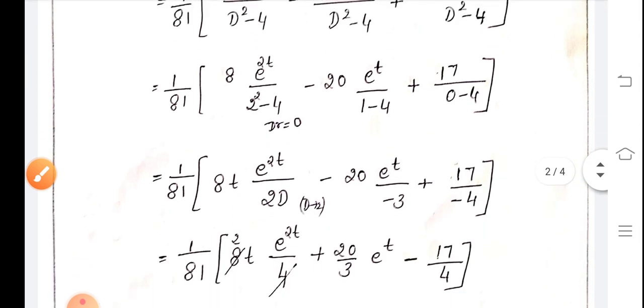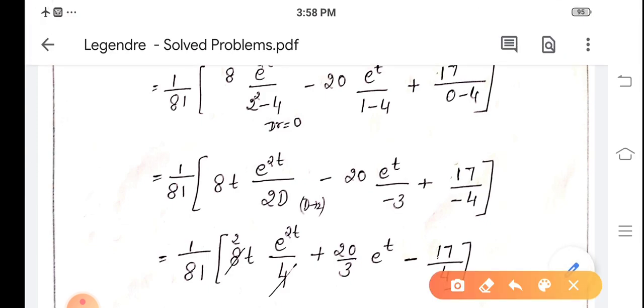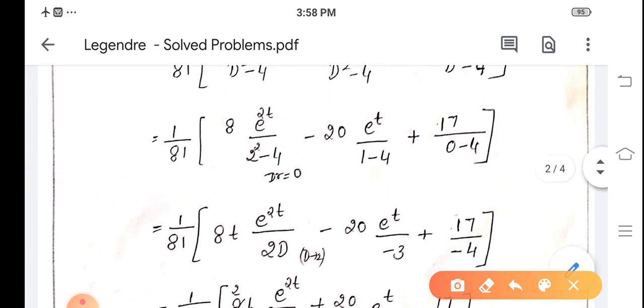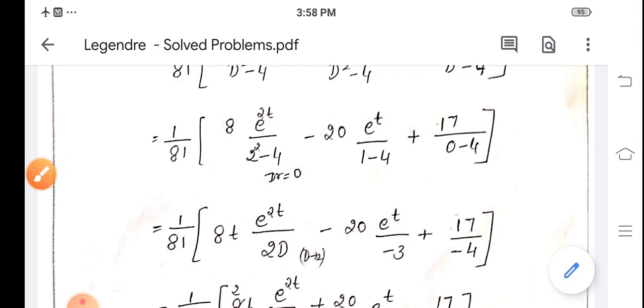So in the next step, 1 by 81 into, here the first term's denominator is 0. So we have the formula 8 into t into e power 2t divided by f dash d. So f dash d is the derivative of d square minus 4, that is 2d.